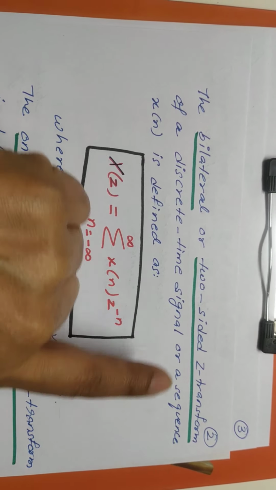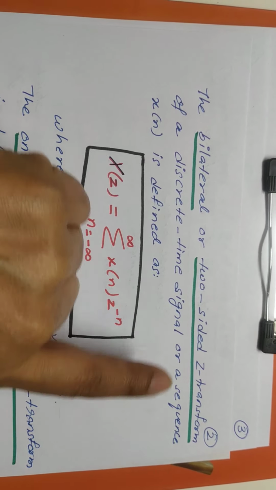To define it in a proper way, we'll be having a plane where we will be having a real axis, real z, and the imaginary axis, imaginary z. Now this entire plane where we'll be having the real values of z as well as the imaginary values of z is nothing but a z plane. Now the values which exist in this plane are the values which define the region of convergence.